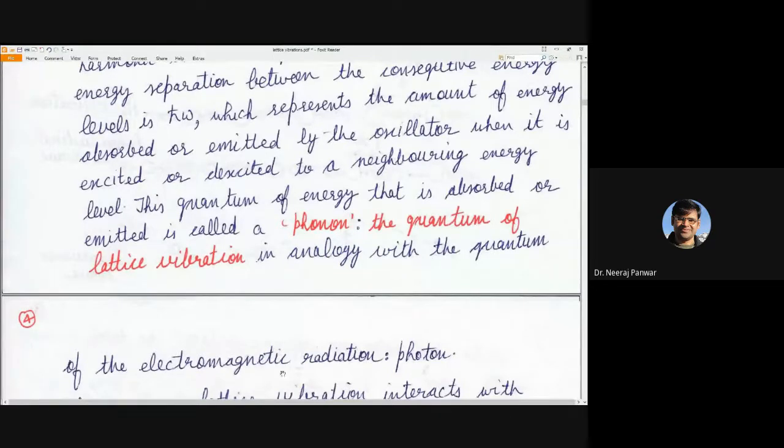The quantum of that spin wave, in analogy with electromagnetic radiation and lattice vibrations, is known as the magnon. So the quantum of magnetic excitations is known as the magnon, the quantum of electromagnetic radiation is known as the photon, and the quantum of lattice vibrations is known as the phonon.